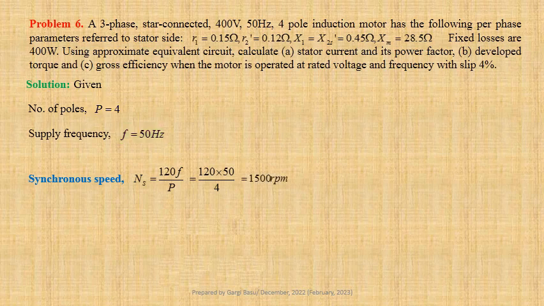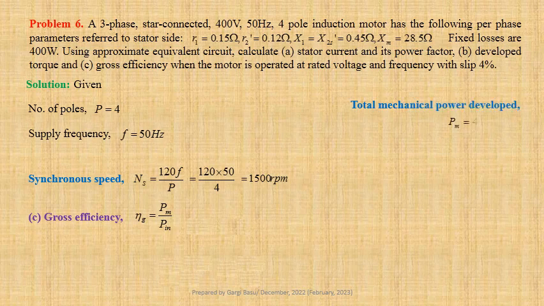Now we shall determine gross efficiency of the motor. Eta G equals Pm divided by Pin. We have obtained total mechanical power developed Pm equals 42,936.26 watt and total input power Pin equals 47,366.602 watt.